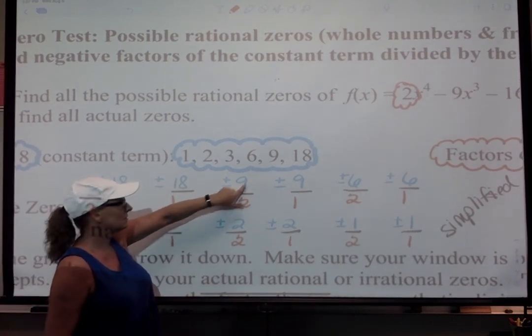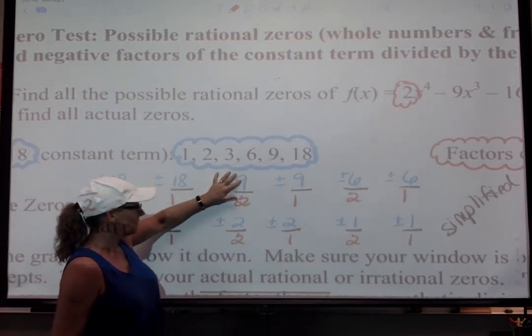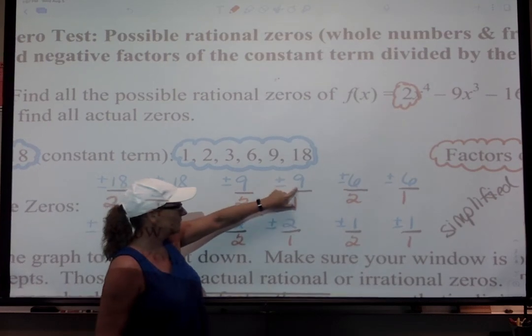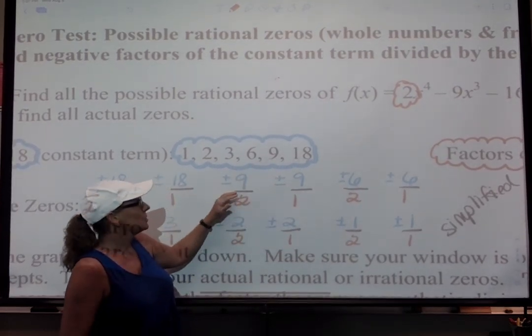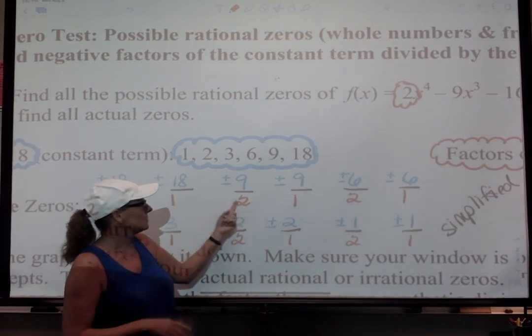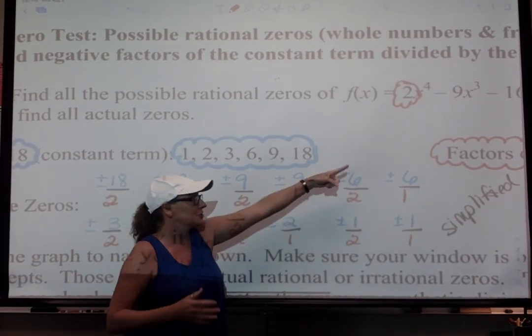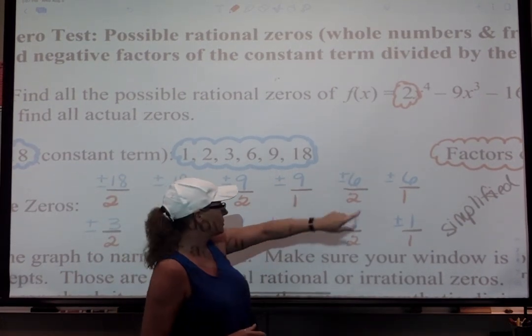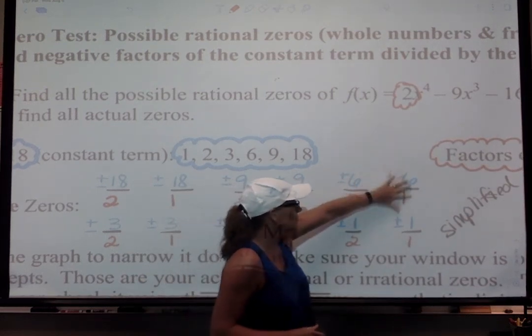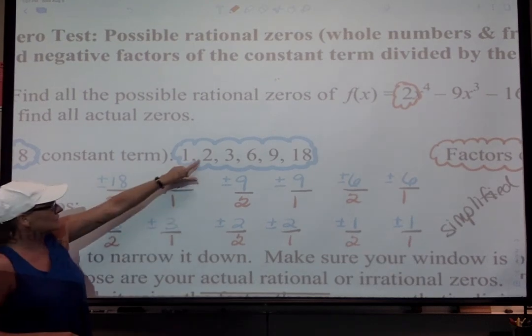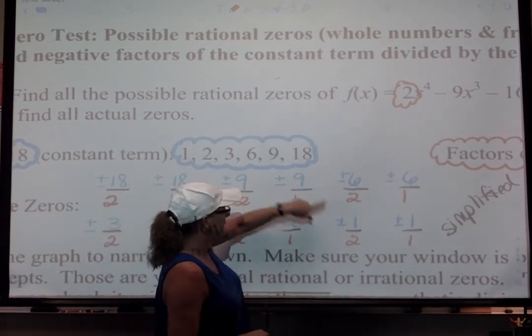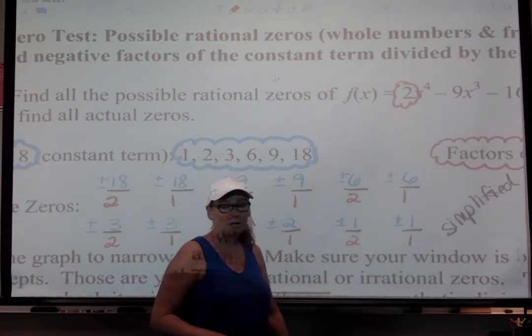Now the 9. Positive negative 9 over 2, positive negative 9 over 1. See what I'm doing? I'm taking each of these numbers, positive and negative versions, and putting them over each factor of my leading coefficient. I did the 6's over 2 over 1. I did the 3's over 2 over 1. I did the 2's over 2 over 1. And I did the 1 over 2 and over 1. Holy moly.